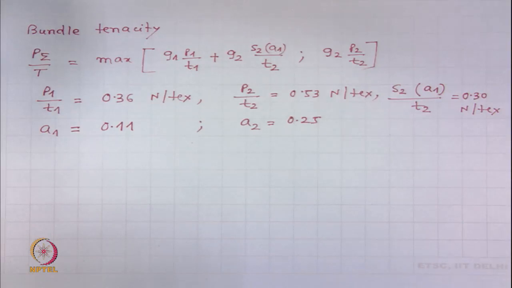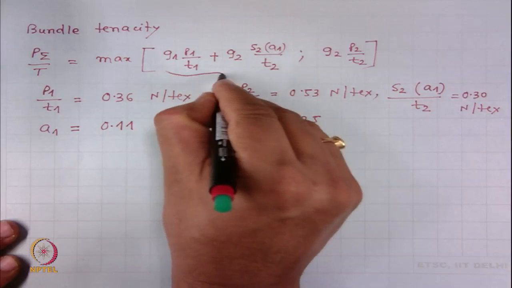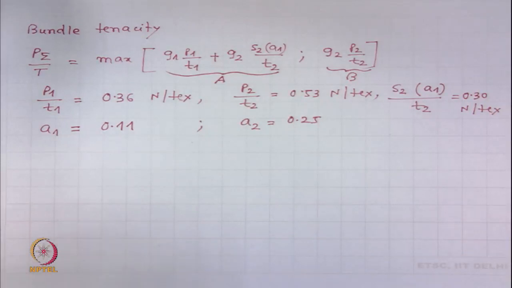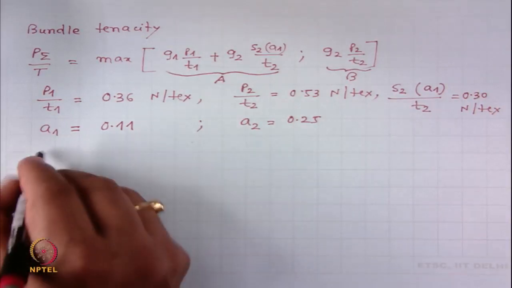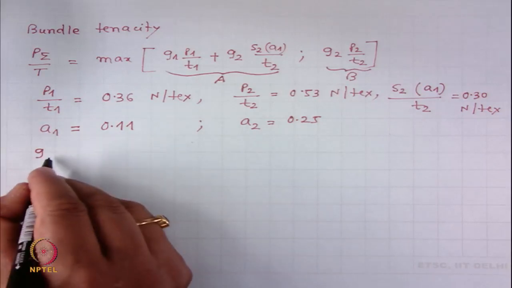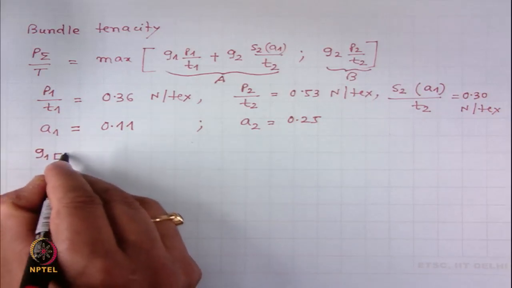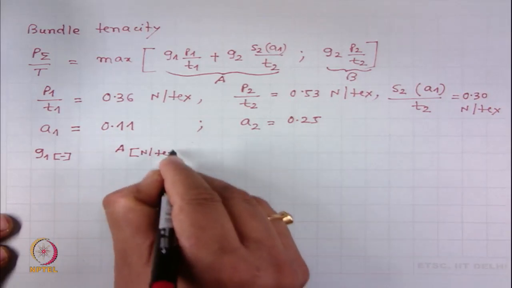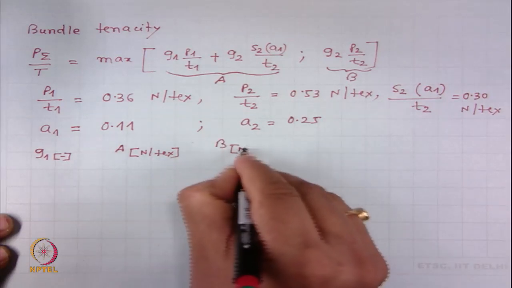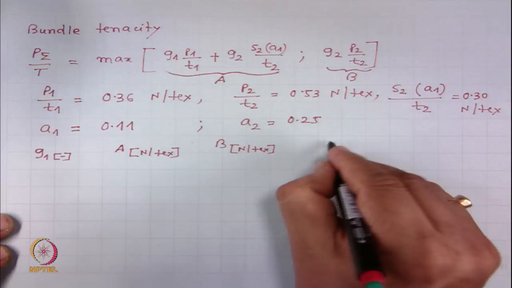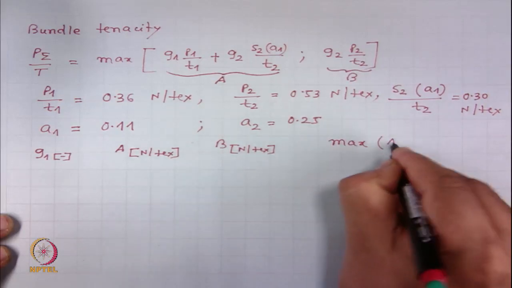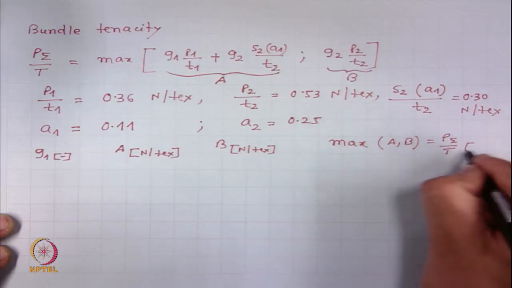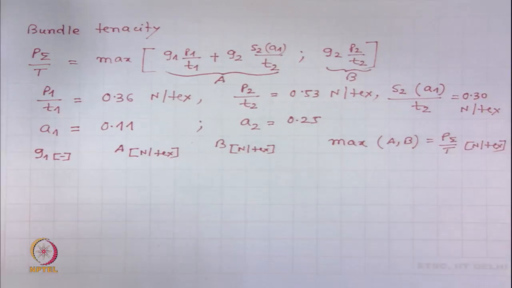Now, let us consider this as capital A, this as capital B. We will show you the results of calculations. Now, G1, then we will show you the value of A in Newton per tex, B in Newton per tex, max of A and B, that is equal to this Newton per tex, right.